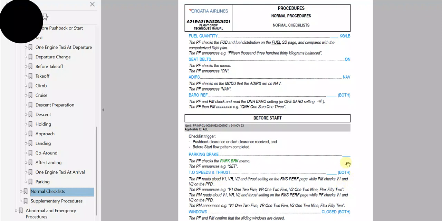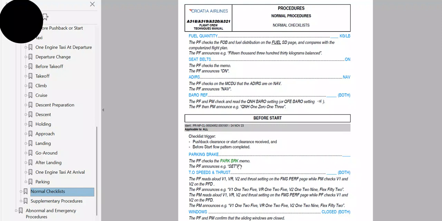This must be done by both pilots. So first the pilot flying reads aloud V1 125, VR 125, V2 129, flex 52, and then the same thing by the pilot monitoring. So everything is very well defined here.